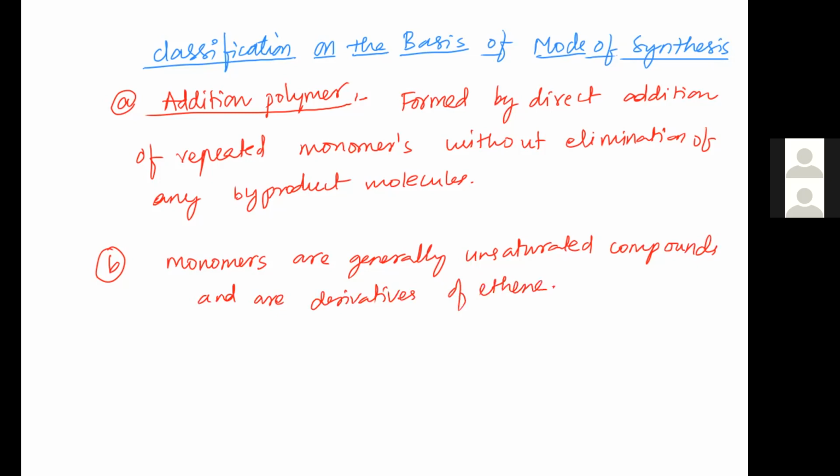For example, you have n CH2=CH2. They are going to polymerize as polythene. So these addition polymers have the same empirical formula as that of their monomers.